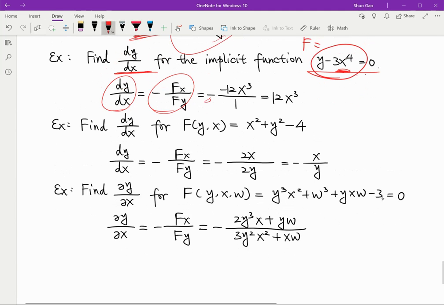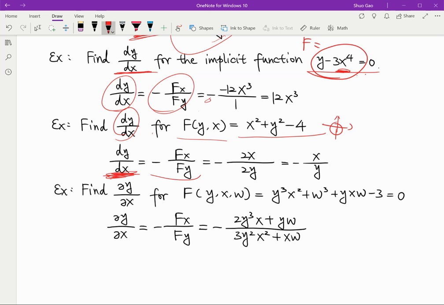And then, again, find dy over dx for the expression x squared plus y squared minus 4, which is the circle we've seen before. We know that y is not a function of x, but it doesn't mean that we cannot find the derivatives here. We can use the implicit function rule to find the derivative, the total derivative here.